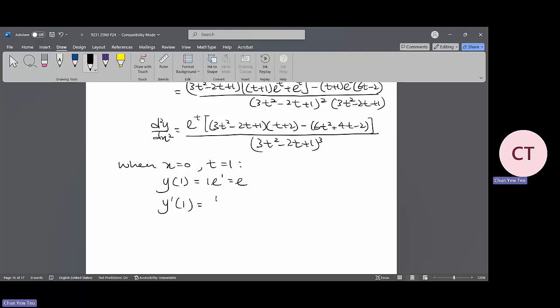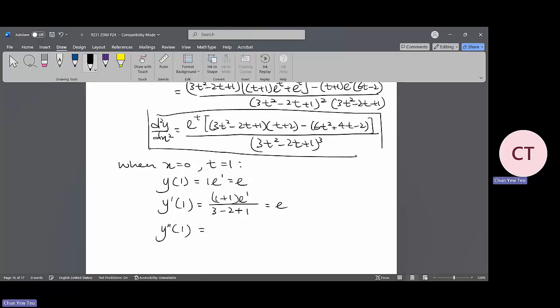So it will be (1 plus 1) e to the power 1 divided by 3 minus 2 plus 1. So you will get e as well. Then y double prime (0). Again, you're supposed to put x equal to 0, but t is 1. So you need to change this to 1. So when you put 1 inside here, you just use this result and change t to 1.